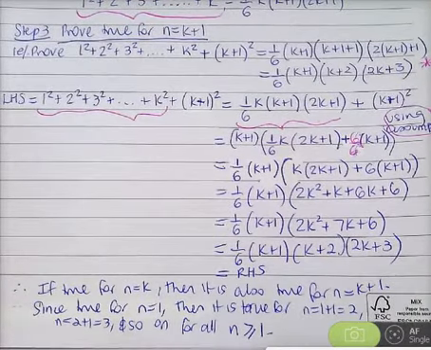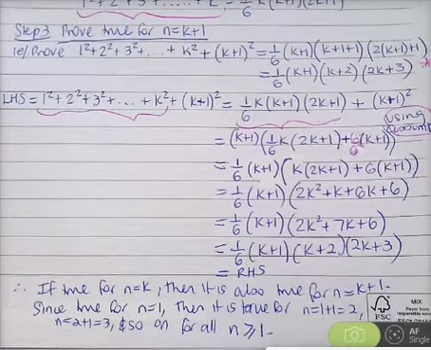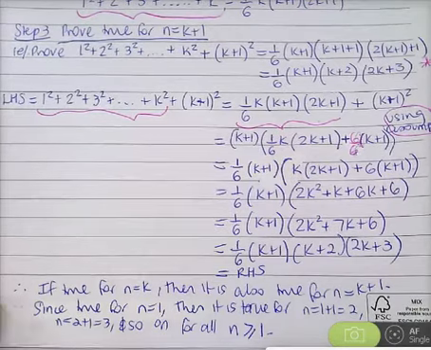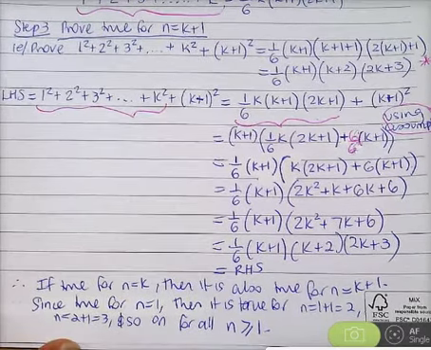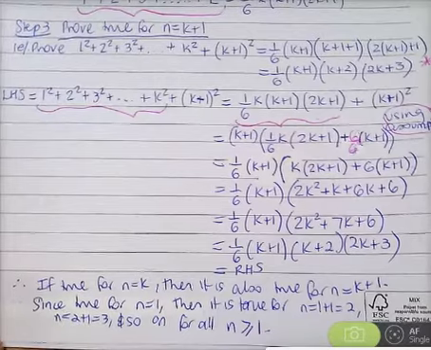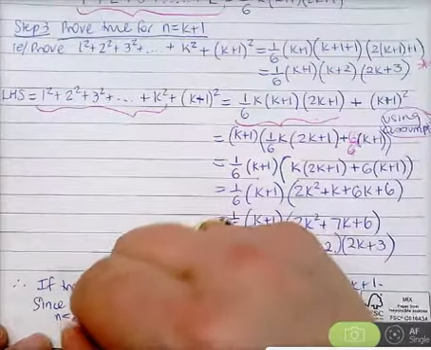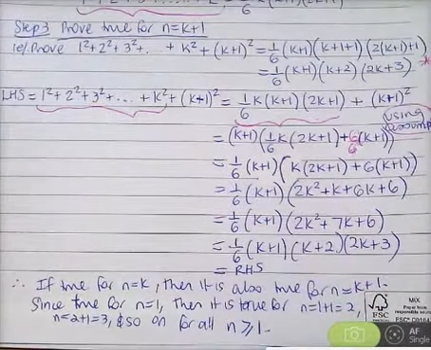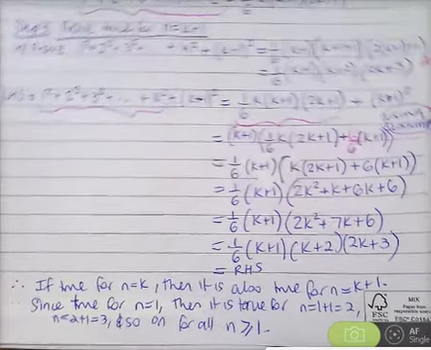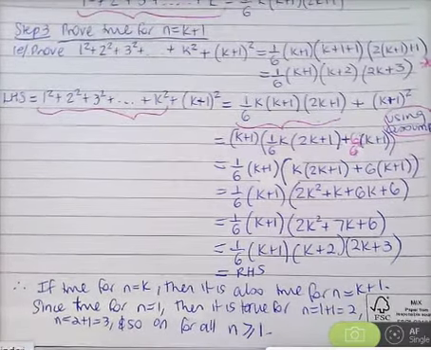Actually, it does, because it starts from 1 squared. So it does start from n is 1. If it's true for n equals k, then it is also true for n equals k plus 1, full stop. Since it is true for n equals 1, then it's also true for n equals 1 plus 1, which is 2, 2 plus 1, which is 3, and so on for all n greater than or equal to 1.